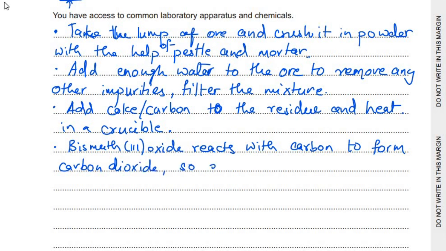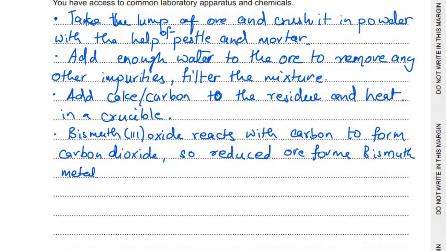The ore is getting reduced as it loses oxygen. The reduced ore forms bismuth metal, and this is how we obtain the bismuth metal.